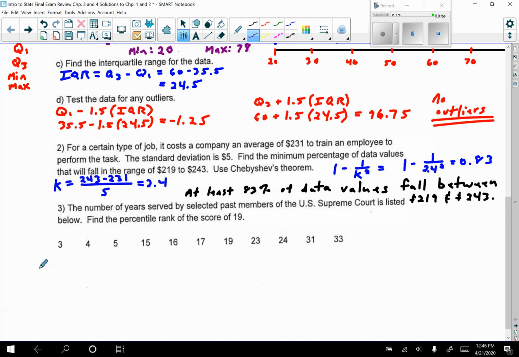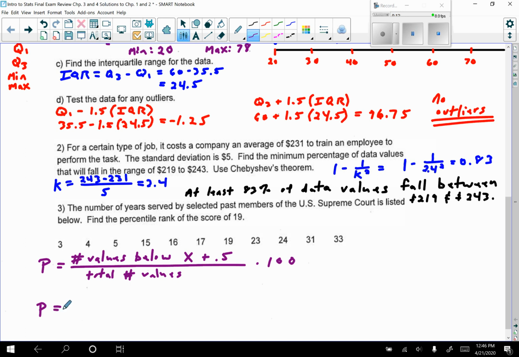The formula to figure out the percentile, which I'm going to call P, is the number of values below X, in this case 19, plus 0.5, divided by the total number of values, and then times 100.